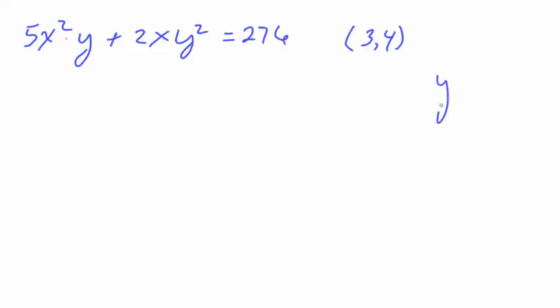So our goal here is we want to find this right here. This is going to be the equation of the tangent line at that particular point on the graph. And this m right here is our dy over dx coming from this equation. So this will be the first thing that we have to find.